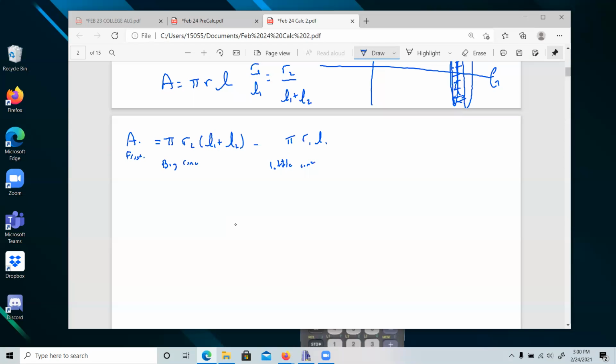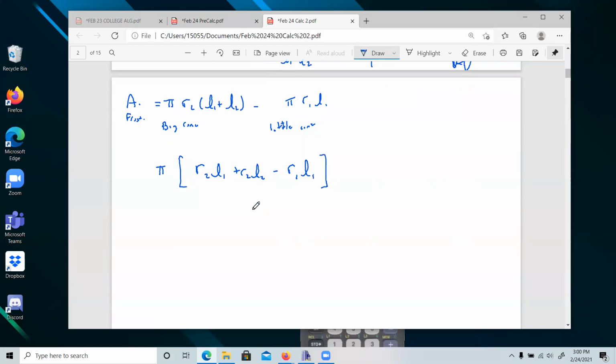So let's do some magic here. I'm going to pull the pi's out of everything. So I'm going to have R2L1 plus R2L2 minus R1L1.